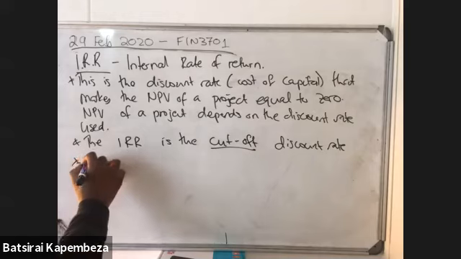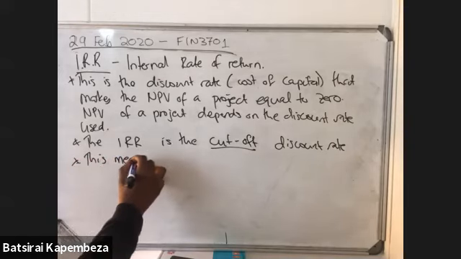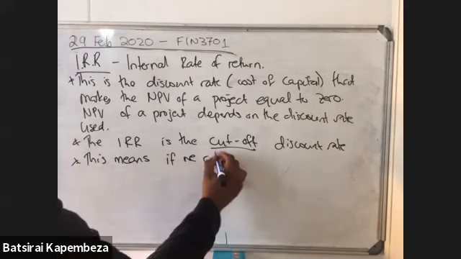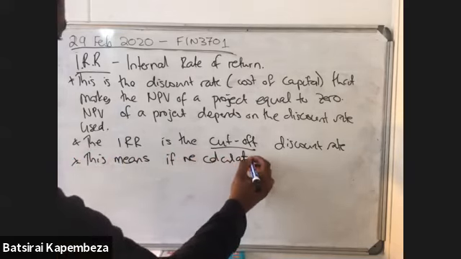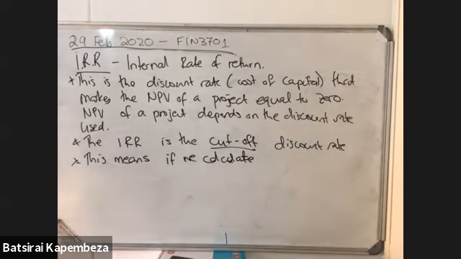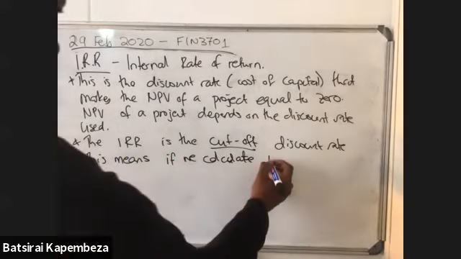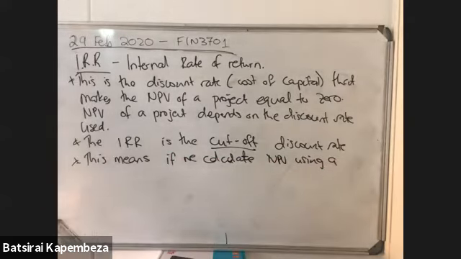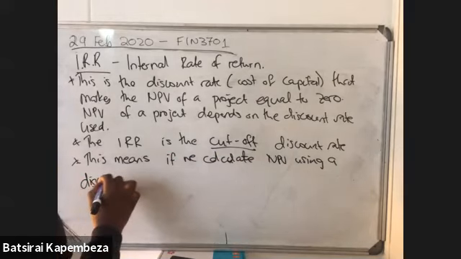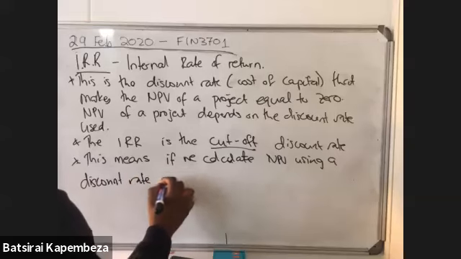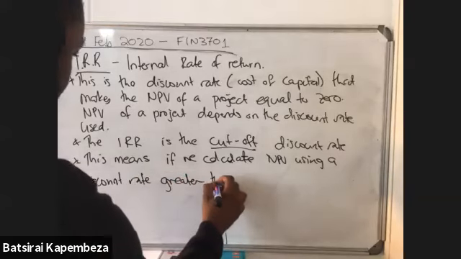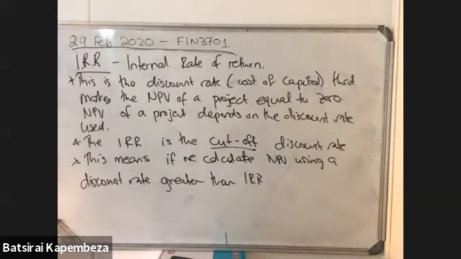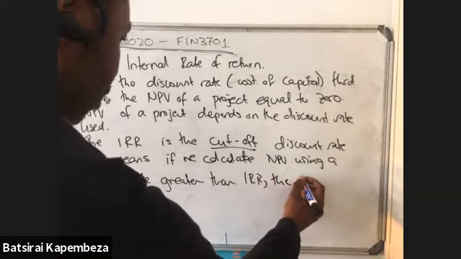Okay, so this means if we calculate NPV using a discount rate greater than the IRR, the NPV of the project will be negative.